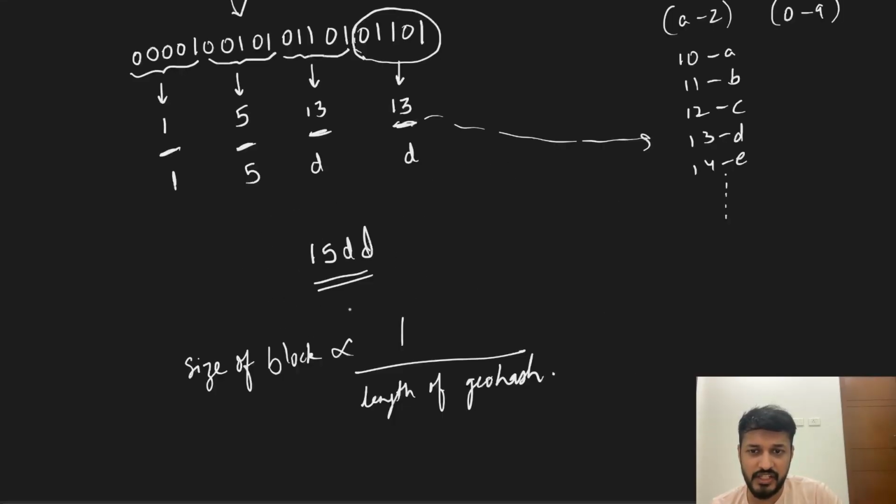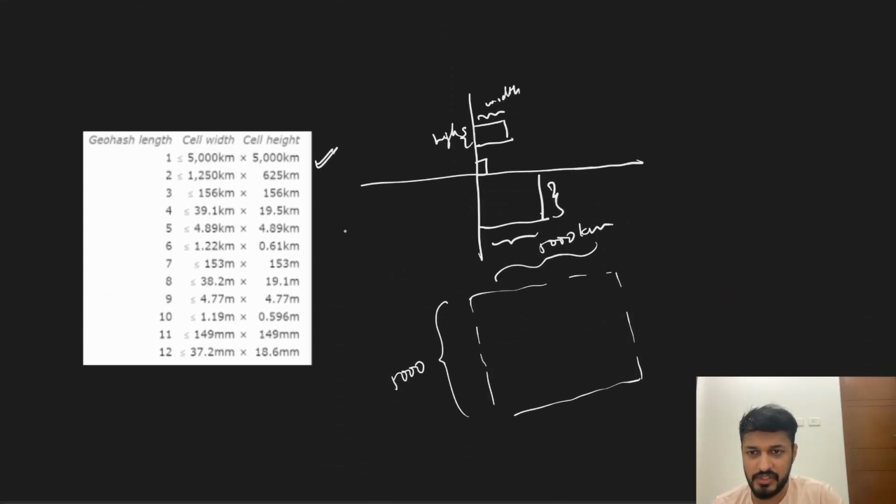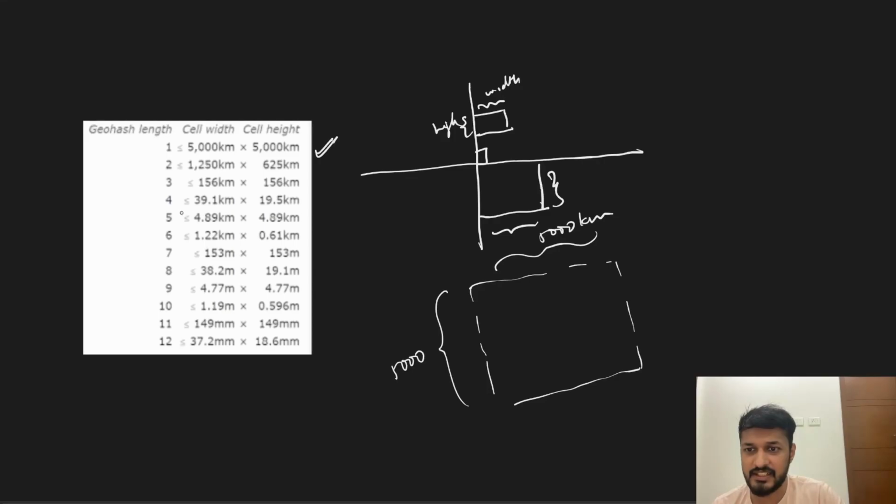Our length of geohash was 4, so our geohash must be denoting a cell whose width is 13.1 kilometers and height is 19.5 kilometers. If we keep on dividing it, when you reach a geohash of length 12, the width comes as small as 37.2 mm and height comes to 18.6 mm. It is almost my fingertip. So geohash can be so precise, right?